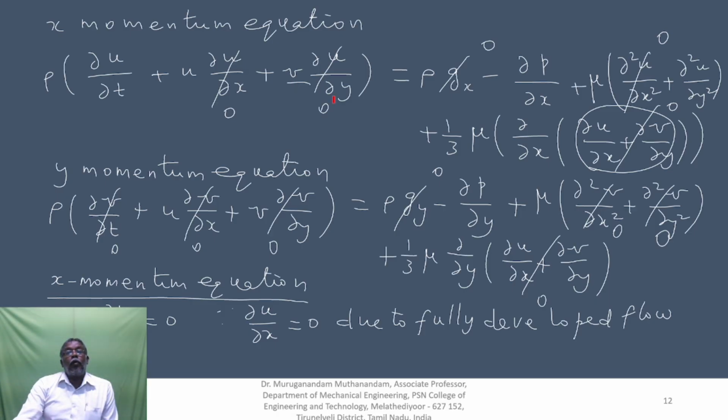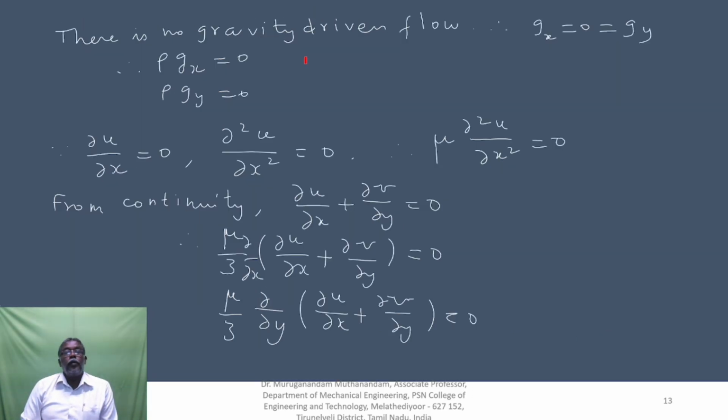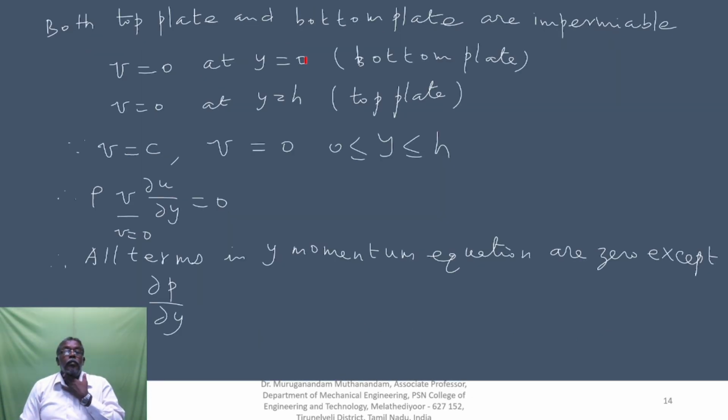Partial u upon partial y is not equal to 0, but v is 0. If you multiply a 0 quantity with a non-zero quantity, the product will be 0. Hence, the third term on the left hand side of the x momentum equation is 0 because v is equal to 0.